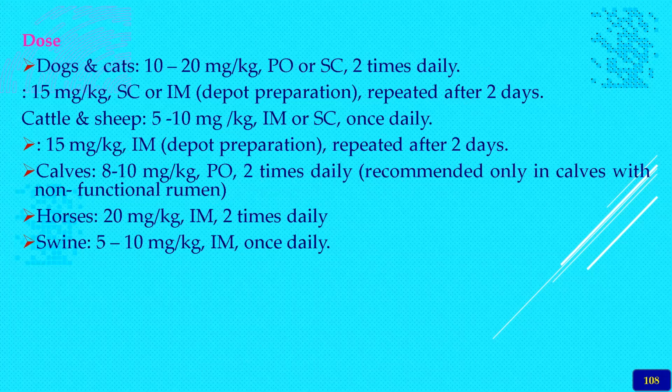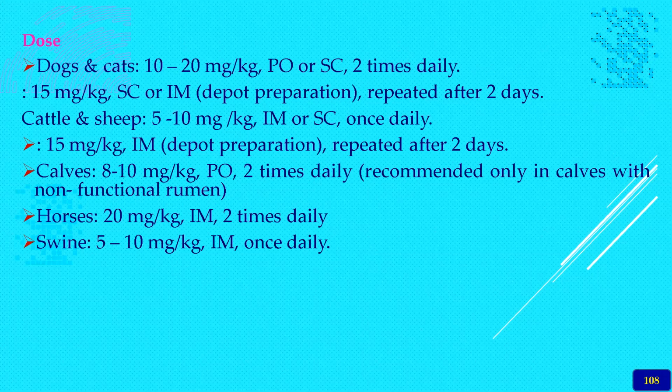And a little bit higher average dose is used as the depot preparation. For cattle and sheep, the range is 5 to 10 milligram IM or SC once daily, about 5 days it needs to be given. Of course, depot preparations are also available, and the dose is 15 milligram per kg, which you can administer once in 2 days.